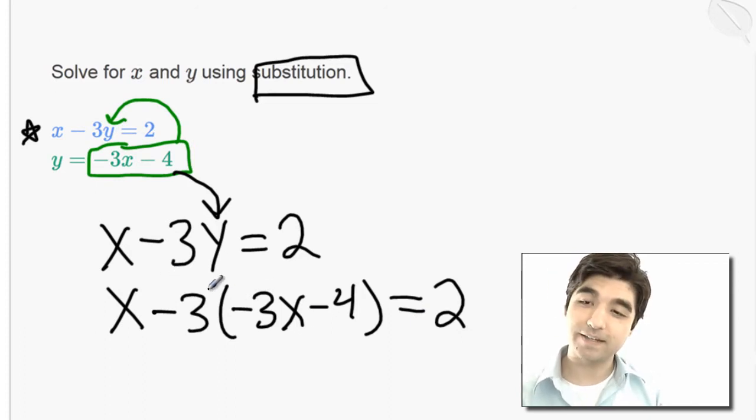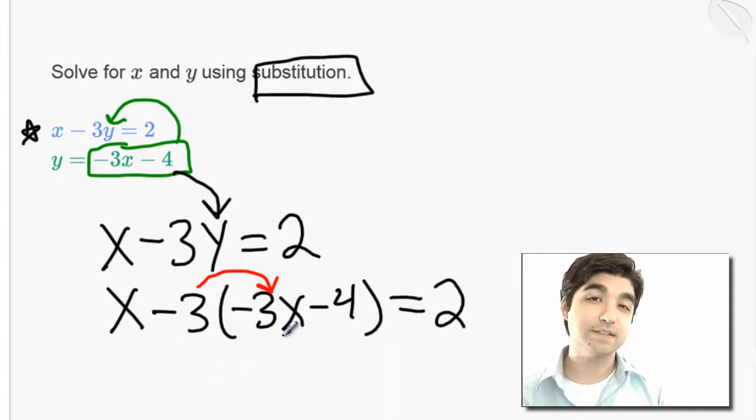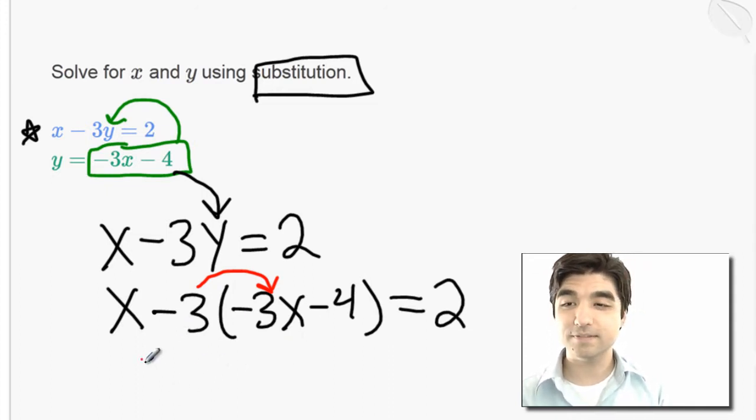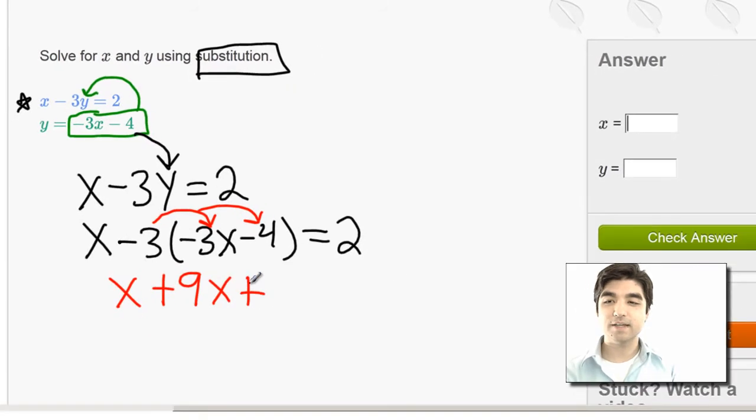Okay, so then we do x minus, now we need to do the distributive property, so hopefully you are good at that. We get negative 3 times negative 3x. A negative and a negative equals a positive, so we have x plus 9x. Then we got minus 3 times negative 4, a negative and a negative is a positive, and 3 times 4 equals 12.